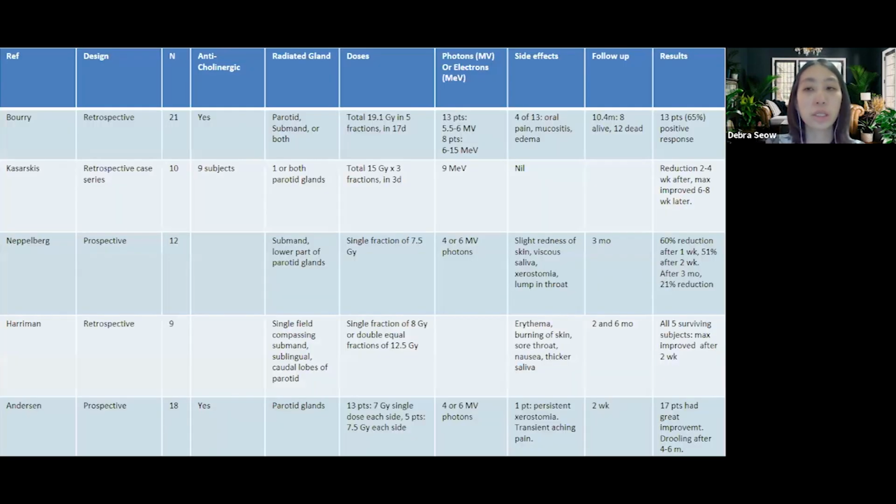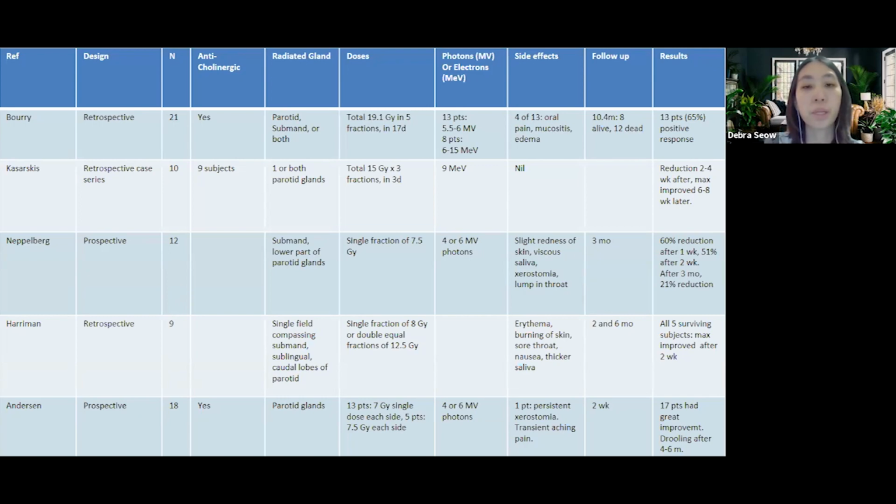So this is just a table to show you some of the studies that were done. They are not randomized studies, and mainly they are retrospective studies, so you can see that there are many different doses or many different types of grays. Grays is the basic radiation unit, the absorbed dose, and it's the amount of energy in joules absorbed per unit mass.